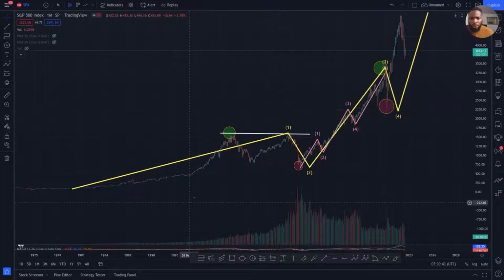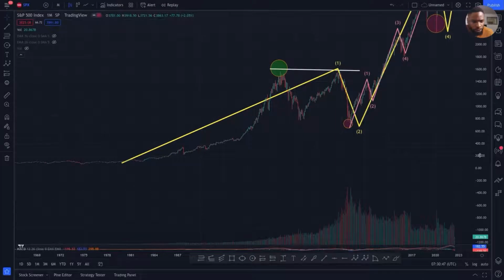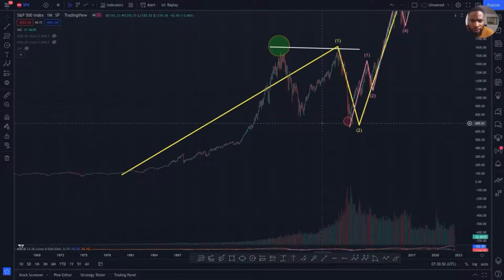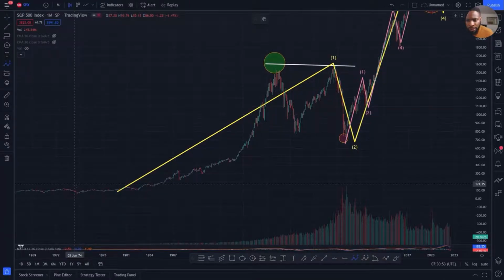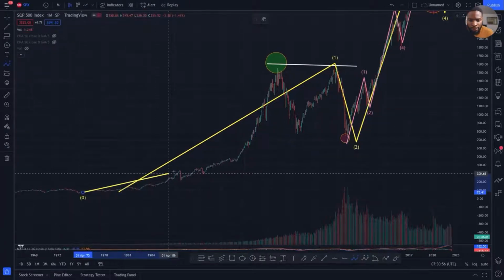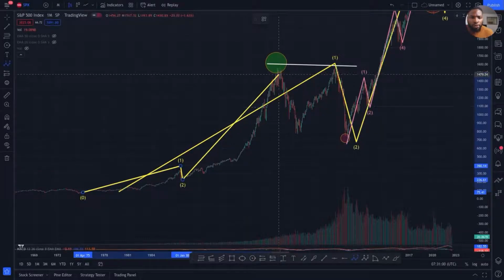Similarly, I can also try to analyze this wave from the fractals of the first wave. So if I get my drawing tool, I can see that it's so obvious. I can see that there's the first wave, second, third, fourth, and the fifth wave.